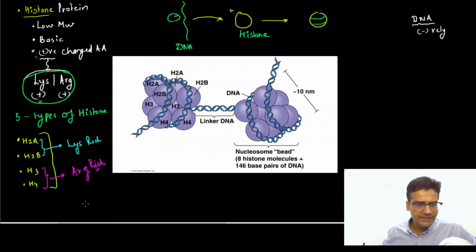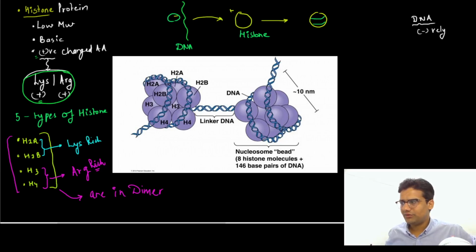So all of these are present in dimer form. And there is a single protein which is known as H1. So the fifth histone protein is basically present in single form, that is H1, and H1 is basically rich in lysine amino acid.